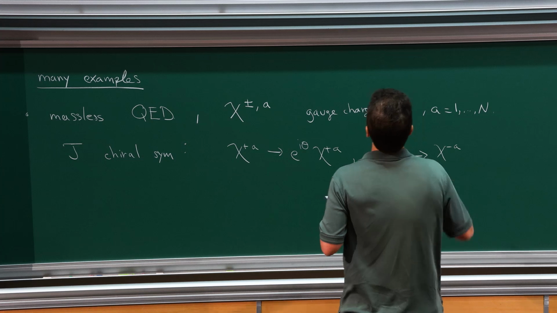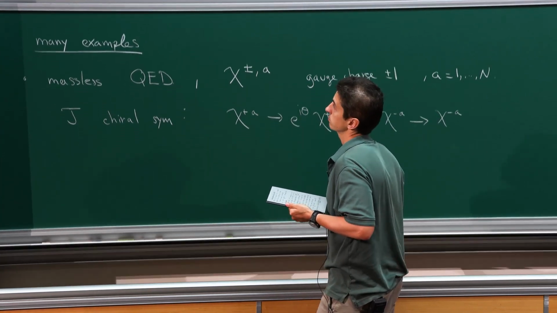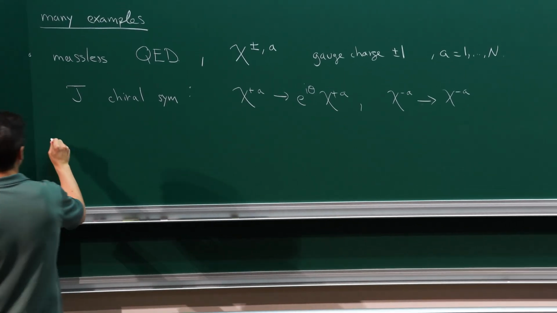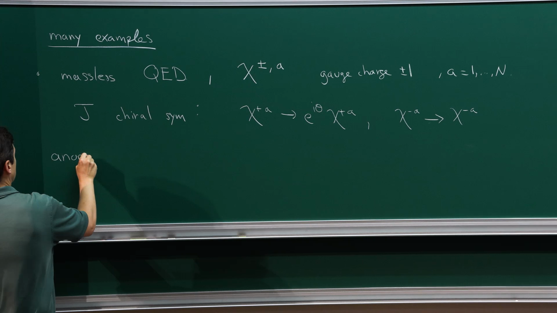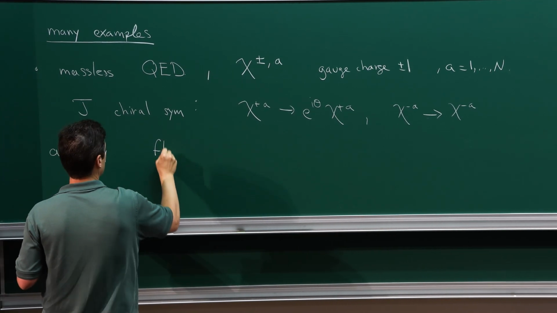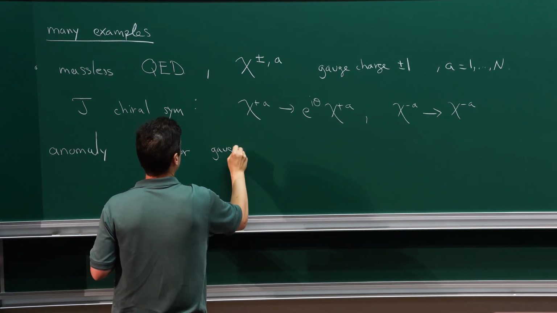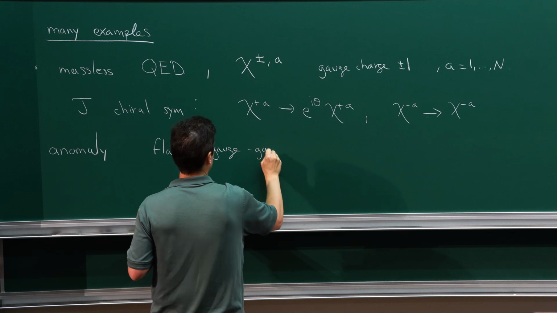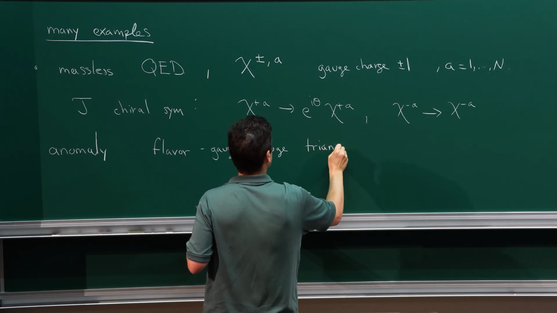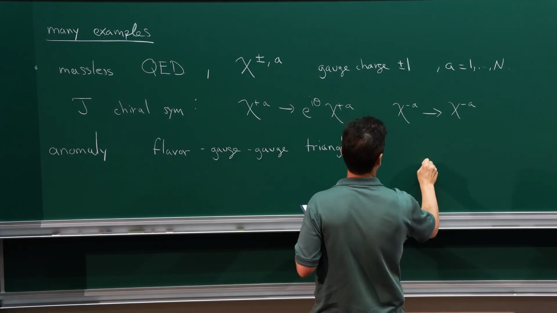And there is an anomaly in a flavor gauge triangle. So this kind of diagram.